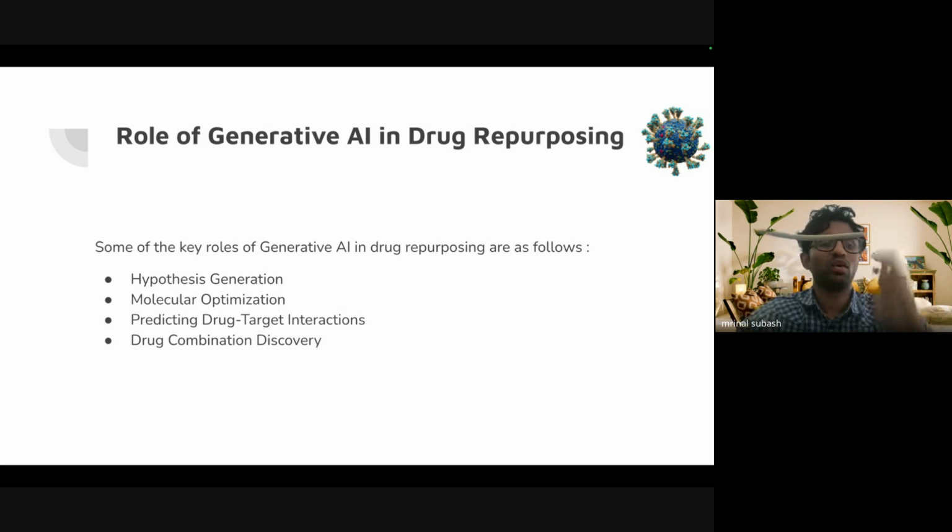So some of the key roles of generative AI in drug repurposing. One of the key roles is hypothesis generation. You would have heard of null hypothesis and alternative hypothesis, right? So when you're prompting a GPT model with a certain hypothesis, say, I'm suffering from this disease, and that is the null hypothesis.